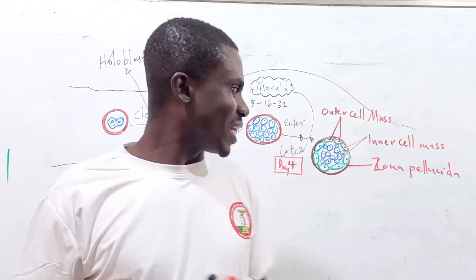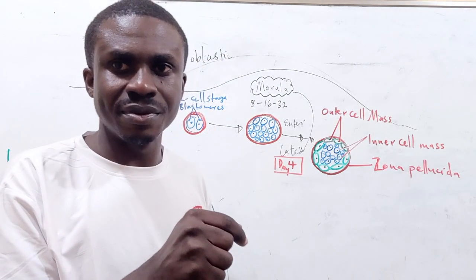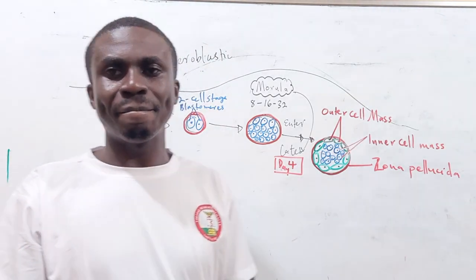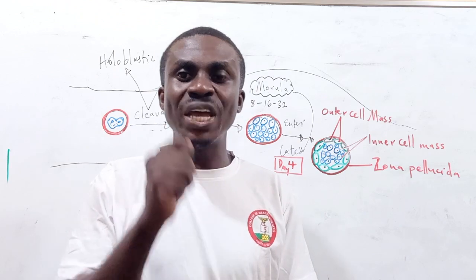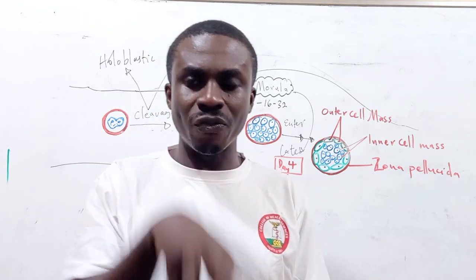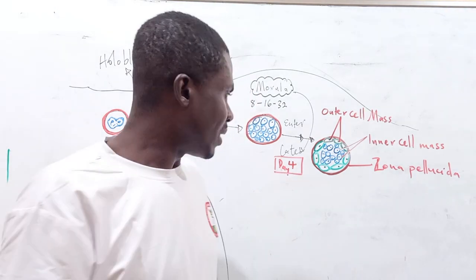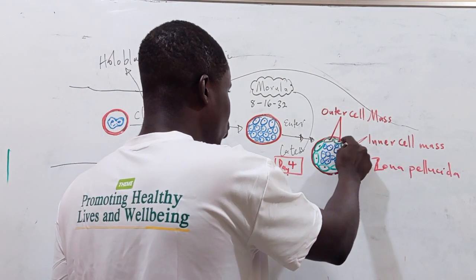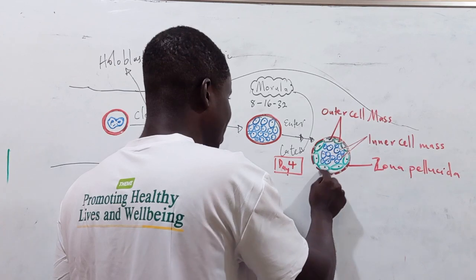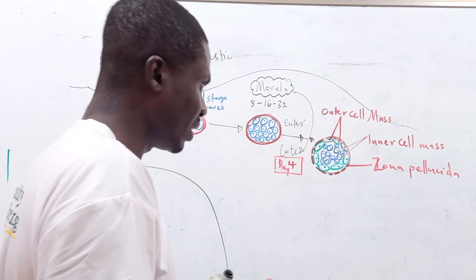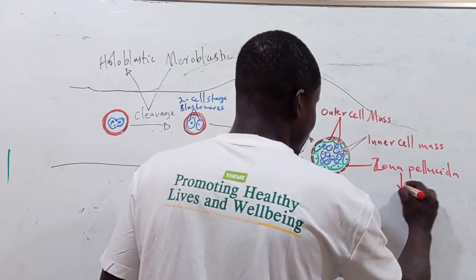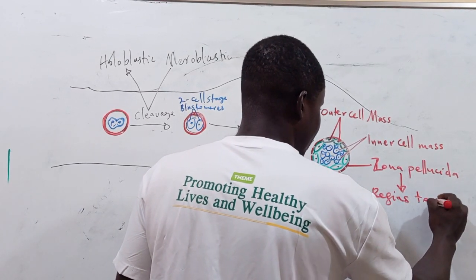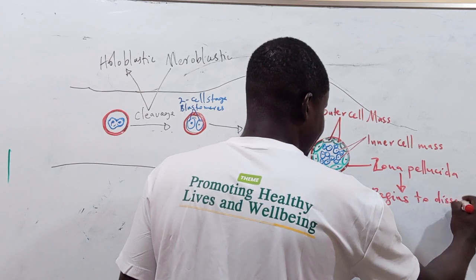And that is why there's going to be dissolution of the zona pellucida. The zona pellucida is going to be dissolved, it's going to dissociate. So now let me show you that. There's going to be gradual dissociation of the zona pellucida, so it begins to disappear.